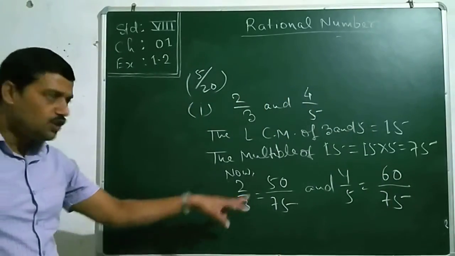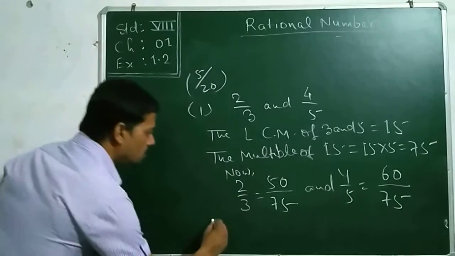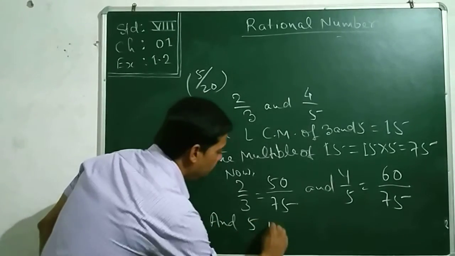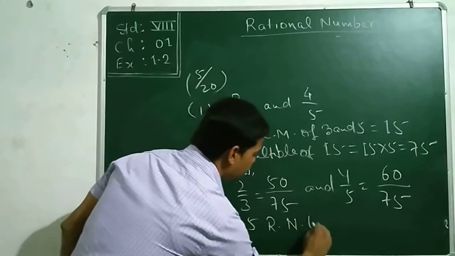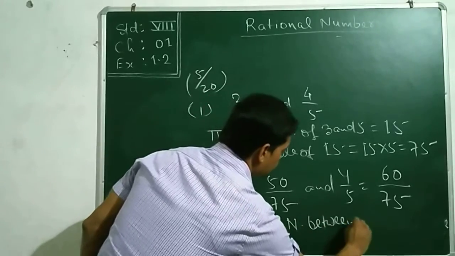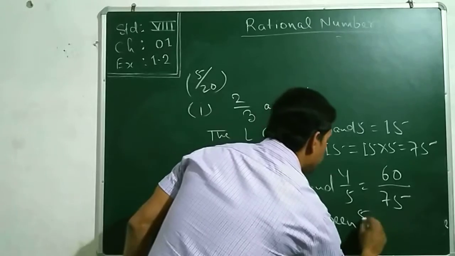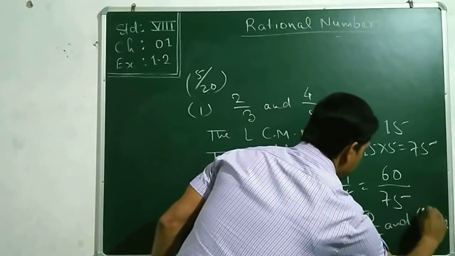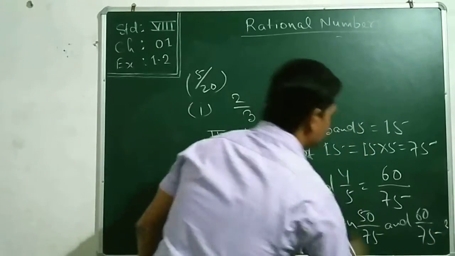Now very easily you can find 5 rational numbers between 50 by 75 and 60 by 75.